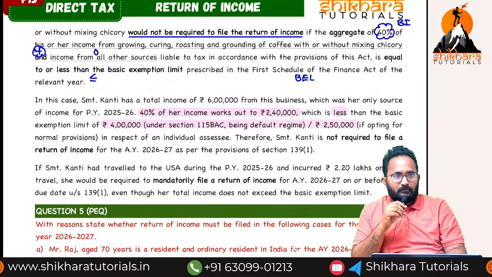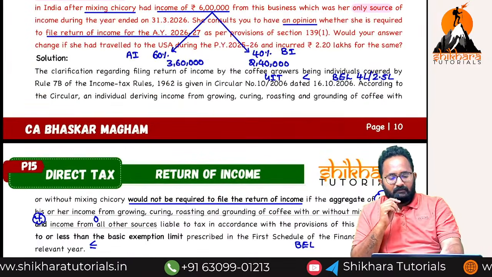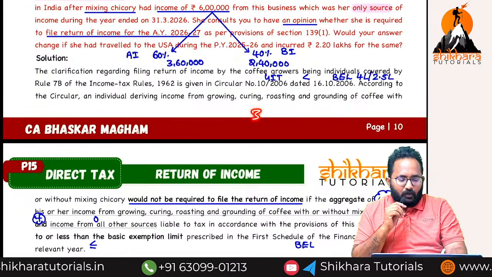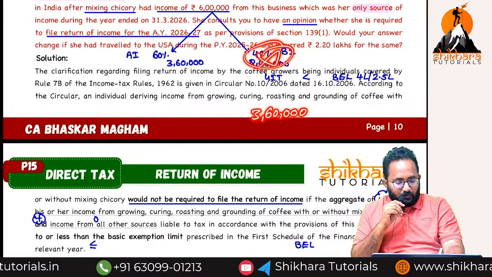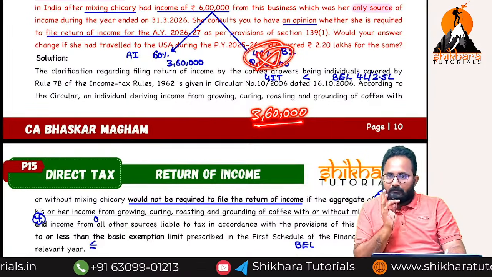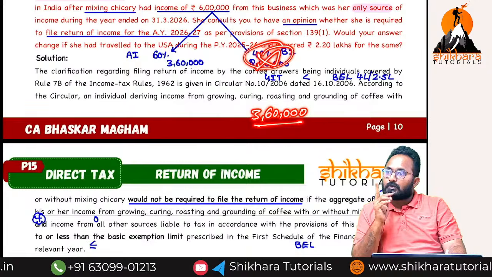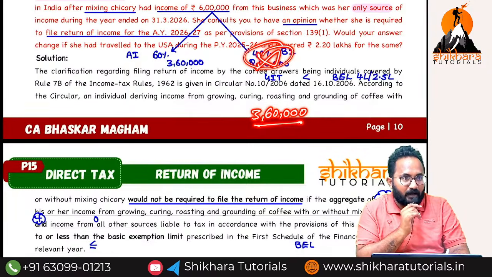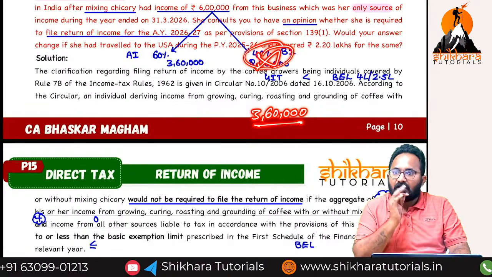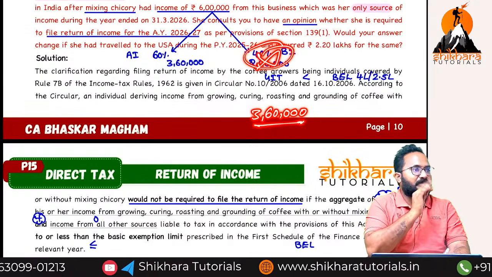Suppose in the exam, if you got 3,60,000 instead of 2,40,000, you have to write the answer in 2 ways. The first one, under the default tax regime, not required to file. In normal tax rates, he is required to file. Both the answers you should write.